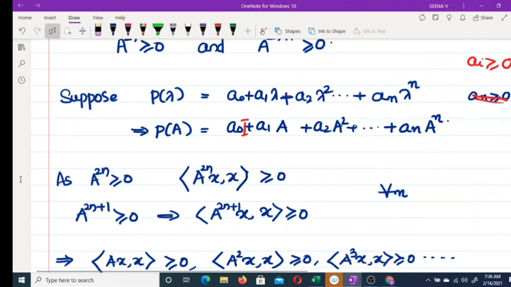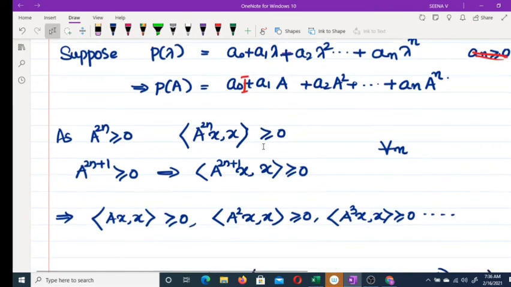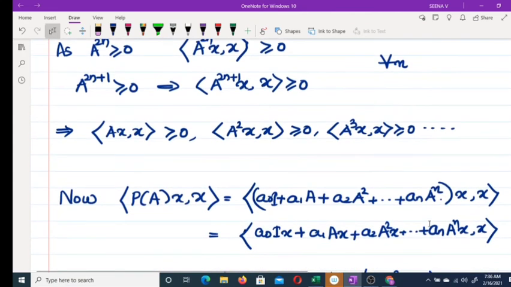We have A raised to 2n greater than or equal to 0, and we have this one for every n. If you put n equal to 1, this becomes inner product A x, x greater than or equal to 0; n equal to 2, we get inner product A squared x, x greater than or equal to 0; n equal to 3, we have inner product A cubed x, x greater than or equal to 0.